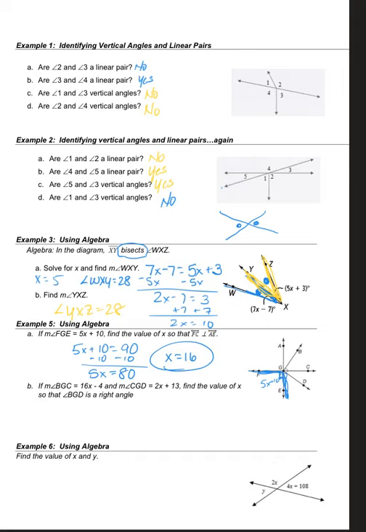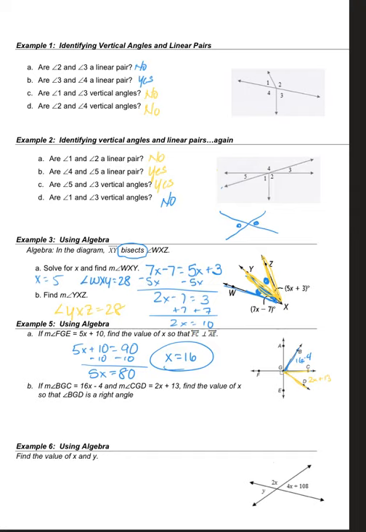The next one, a little bit harder. You've got two angles now. It's talking about angle BGC. It says this angle is 16x minus 4. And then it talks about angle CGD, and it says this angle is 2x plus 13.